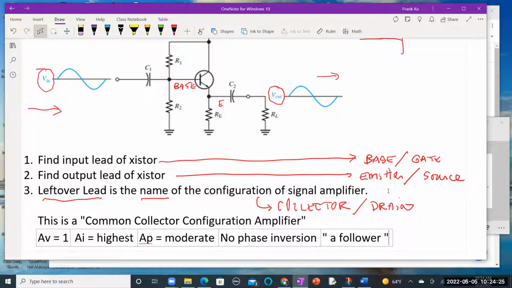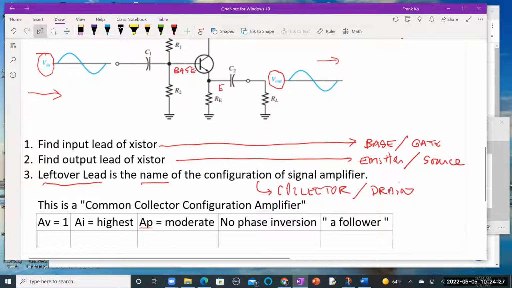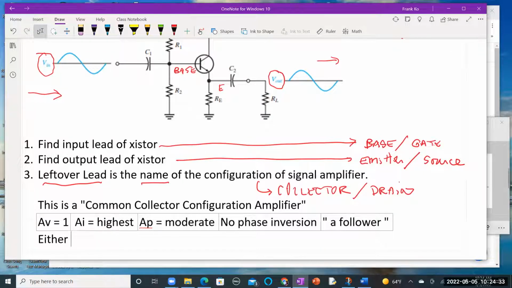Okay, and that would be either an emitter follower or a drain follower.